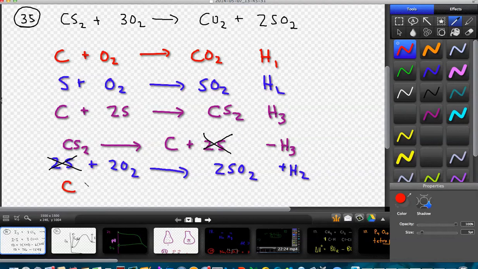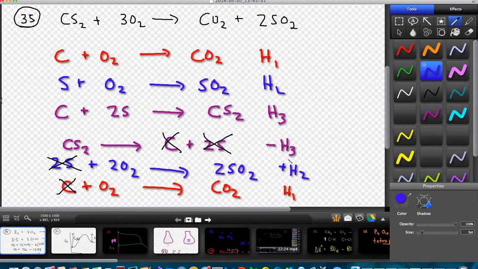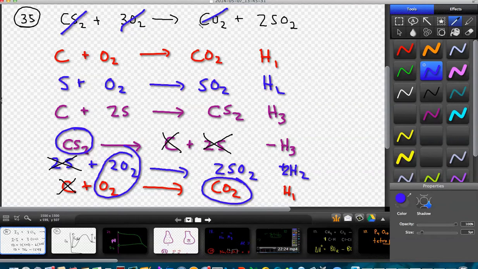So C plus O2 yields CO2. Now the carbons cancel. Of course, this is simply going to be H1. We need 2 H2s because we multiplied that by 2. And notice we have the CS2, we have the 3 O2, we have the CO2, and we have the 2 SO2.